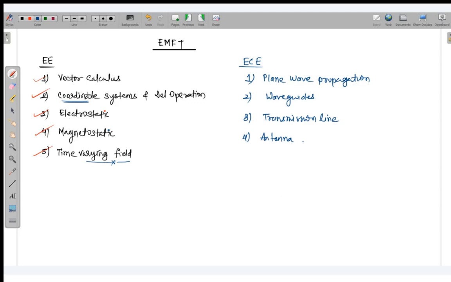We will start from here, and around 10, 12 to 15 hours, about 2 to 3 weeks, we will cover up to time varying field.